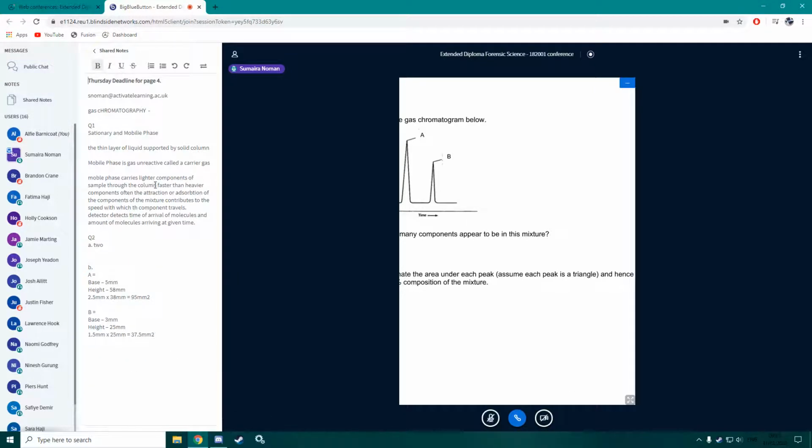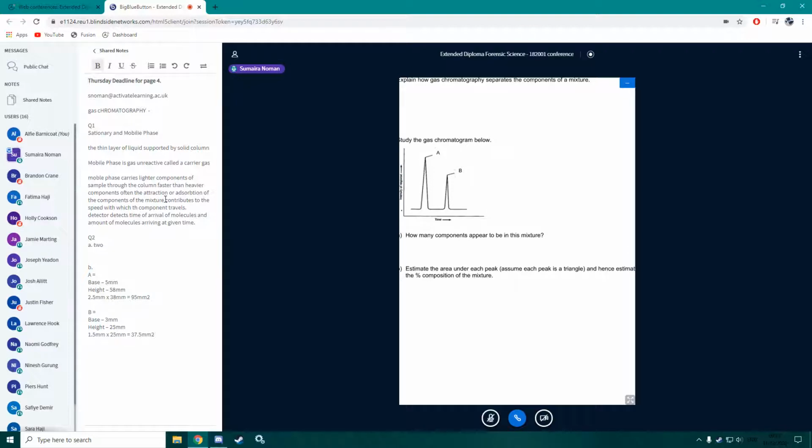And then let's reduce the size. Right, estimate the area under each peak and estimate the percentage composition of the mixture. So to do the percentage composition, which we do at the bottom, we add both of those together. So 95 plus 37.5.